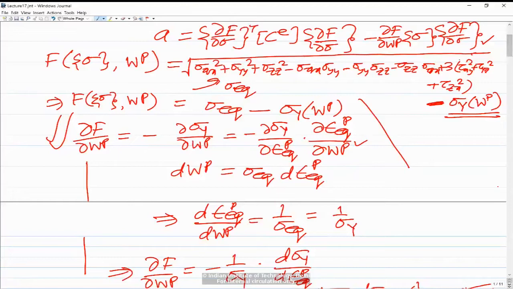Finally, everything we are calculating, we have to substitute in the tangent stiffness matrix, that's CT. You need this expression for the tangent constitutive matrix, which would be in terms of stresses.